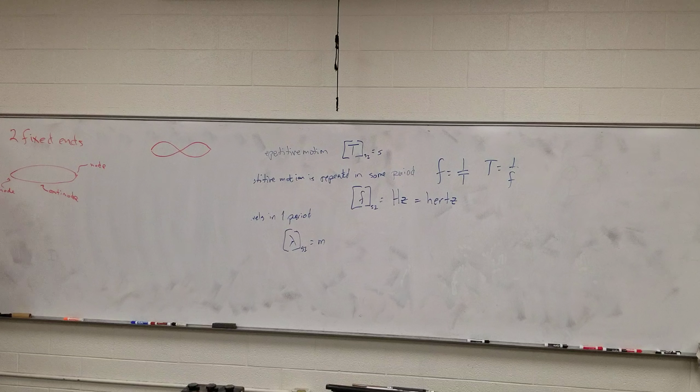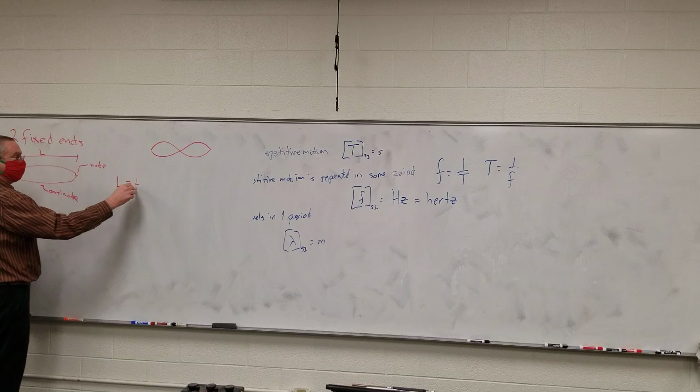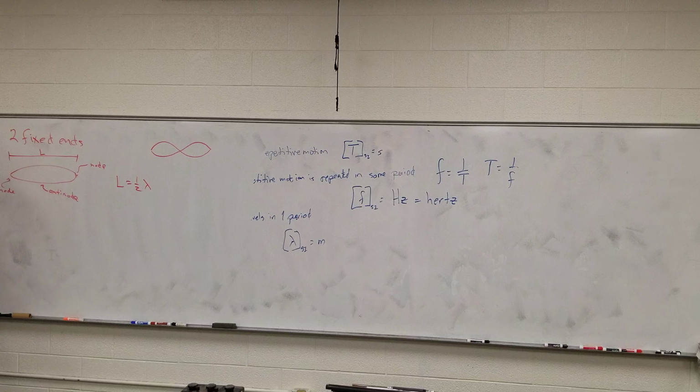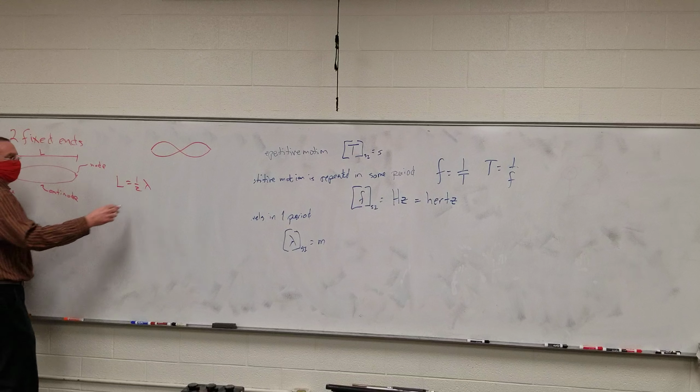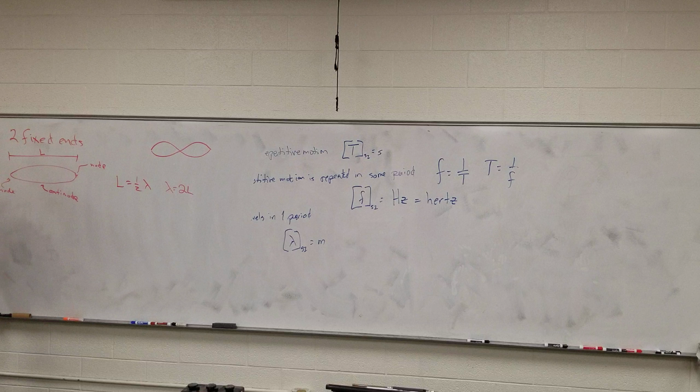Half. Yes. So if this distance here is L, the distance, in the case out there, between my hand and Penelope's hand, L would be a half of a wavelength. So the wavelength in this case would just be 2 times whatever that length is. This is the first harmonic.